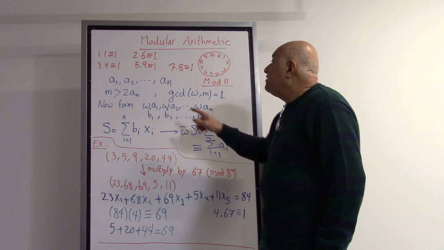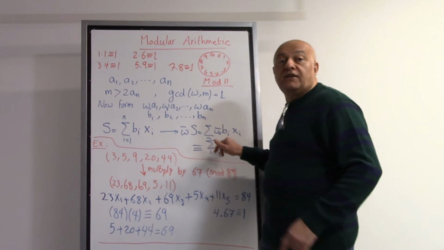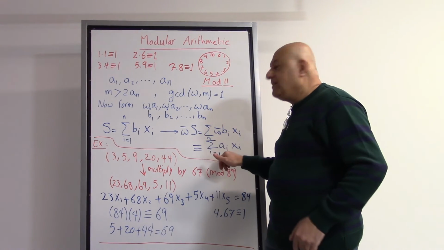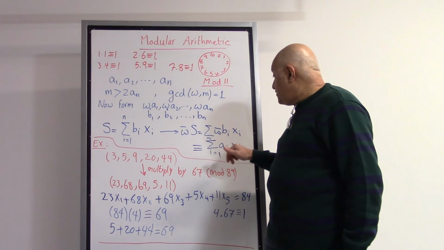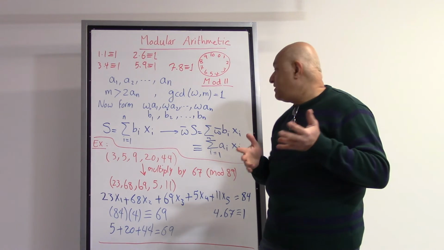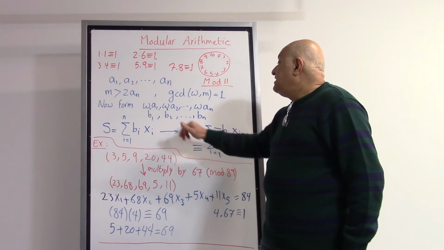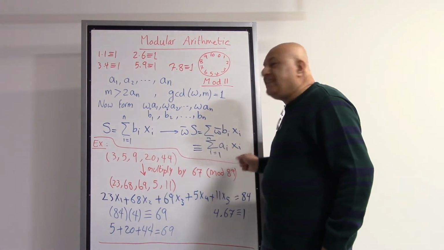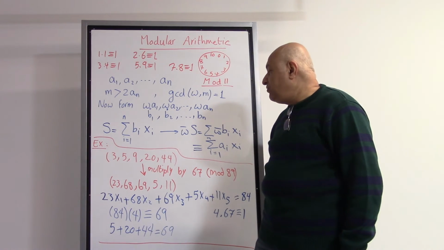But you remember, W times Ai was Bi, so W bar times Bi, since W bar is the inverse of W, must be Ai. So this becomes the summation of Ai xi's, and Ai was a super increasing sequence. So it is very easy now to break this number and recover the original message that you had.